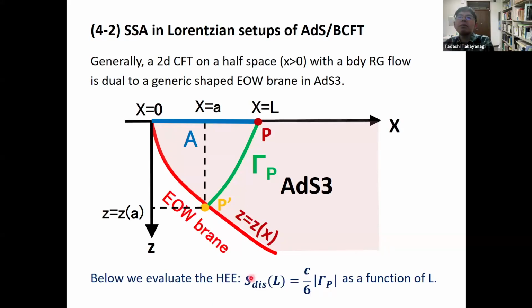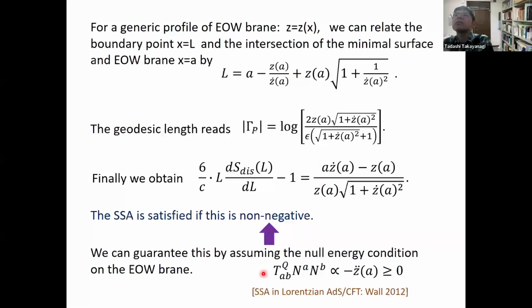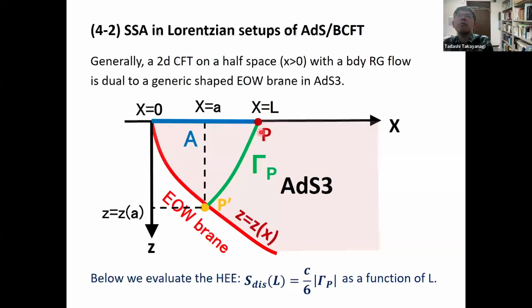So this is a bit complicated, but you can do it using just the usual formula of geodesic length in AdS. We can relate this location L and location A. A is the x coordinate of this P prime, because this is always part of an arc, a round circle.